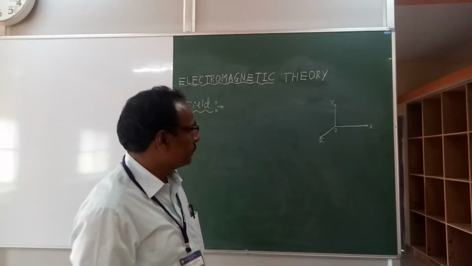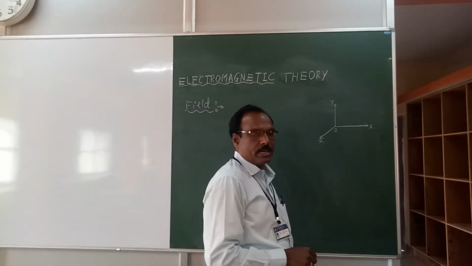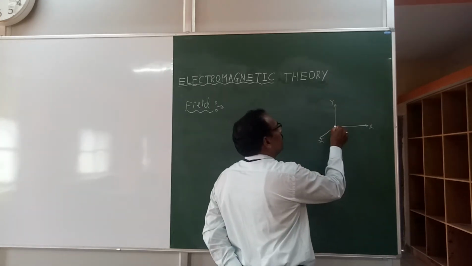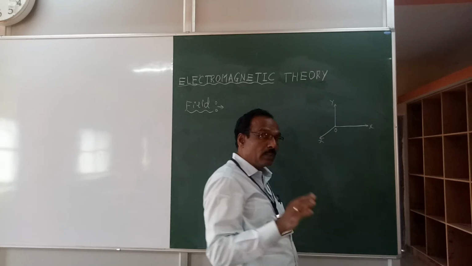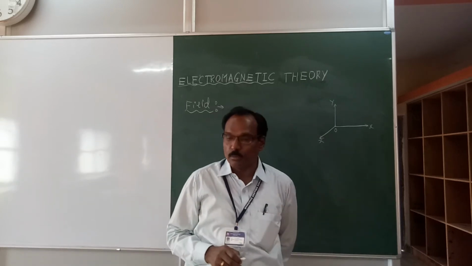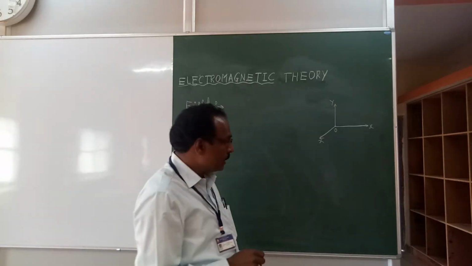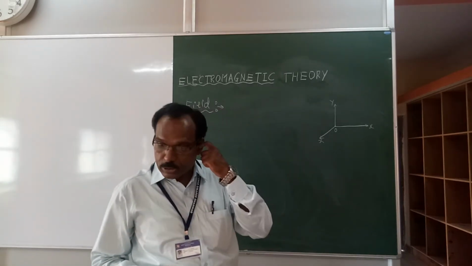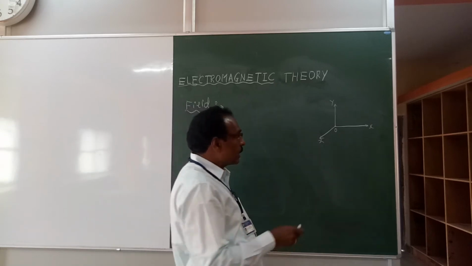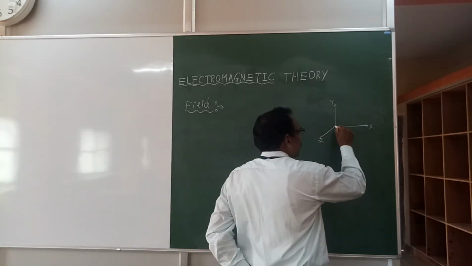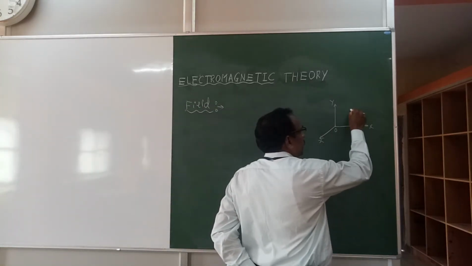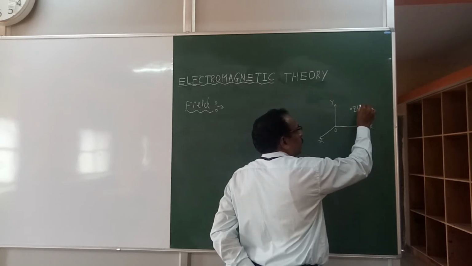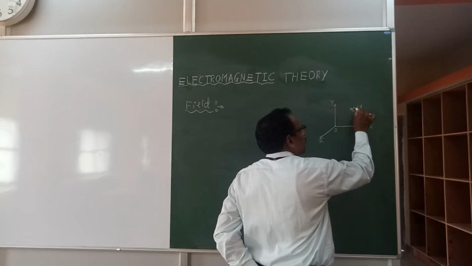If I consider any physical quantity in a space, and if that physical quantity varies from point to point in the space, then it can be expressed as a continuous function of position, say p of or phi of x, y, z.